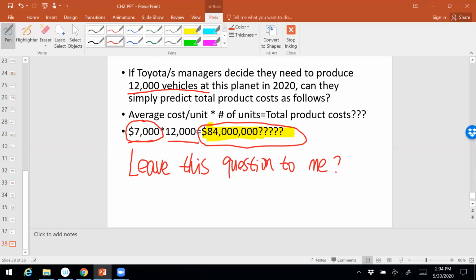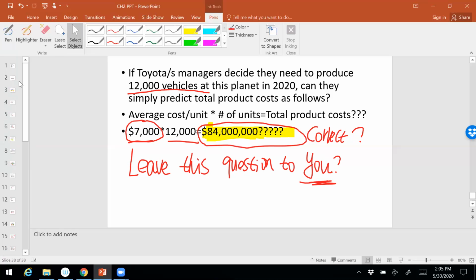Is this number correct or not correct? I'll leave this question to you, and I may let you email me your work. Who knows, right? But make sure you read your textbook and get ideas in case I ask you next time. Okay, thank you. That's all in chapter 2.